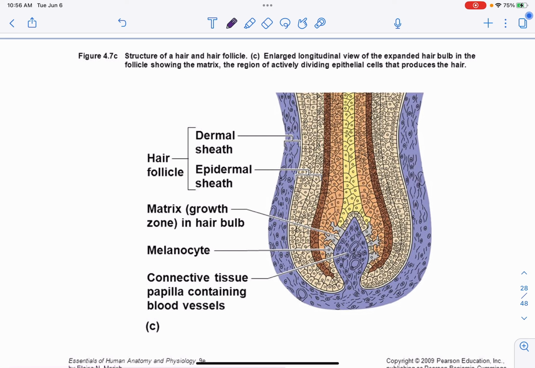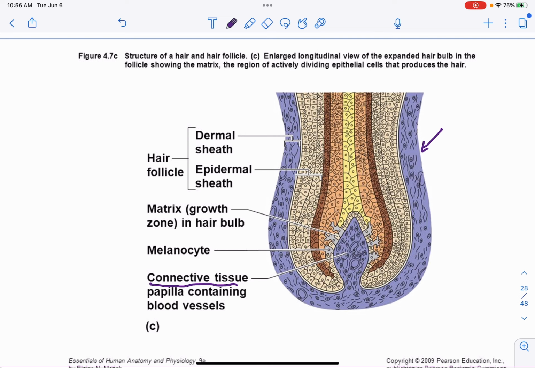Okay, so what surrounds the hair? What is seen here in blue, purple is connective tissue, okay? It is areolar connective tissue that surrounds the entire portion of the hair.